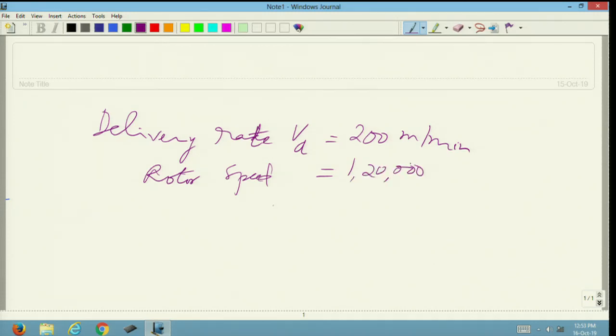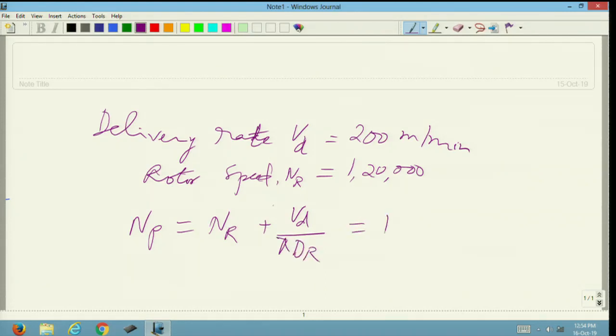Nowadays, rotors are going even higher than that, but in many cases people use 1,20,000 or 1 lakh. Now, we know Vd, so what will be the value of Np? Np is equal to Nr, the rotational rate of the rotor, plus V sub d divided by pi d, right.